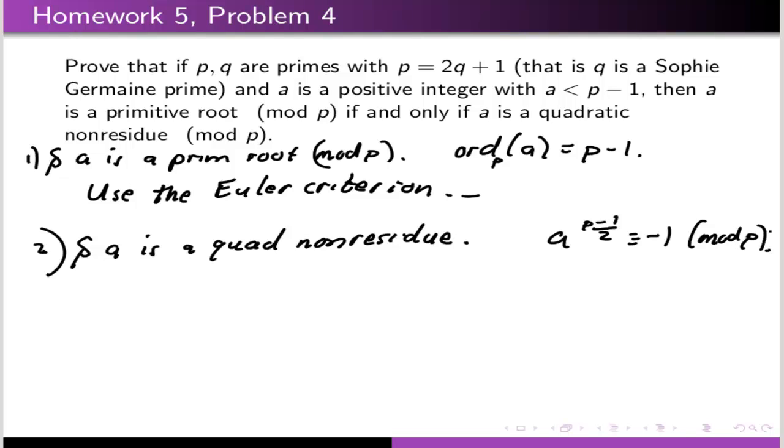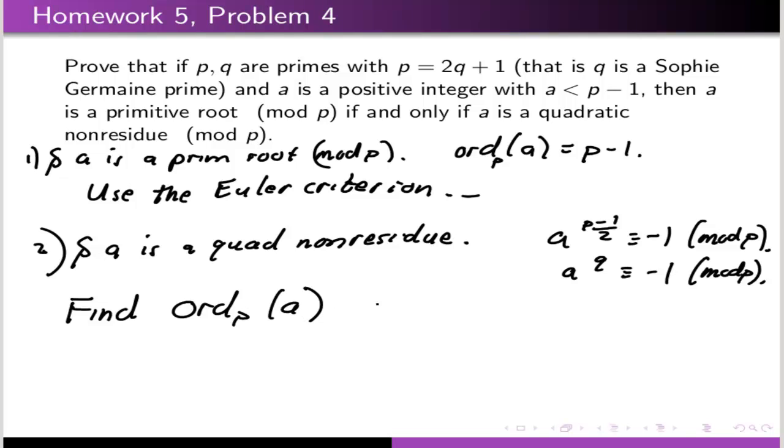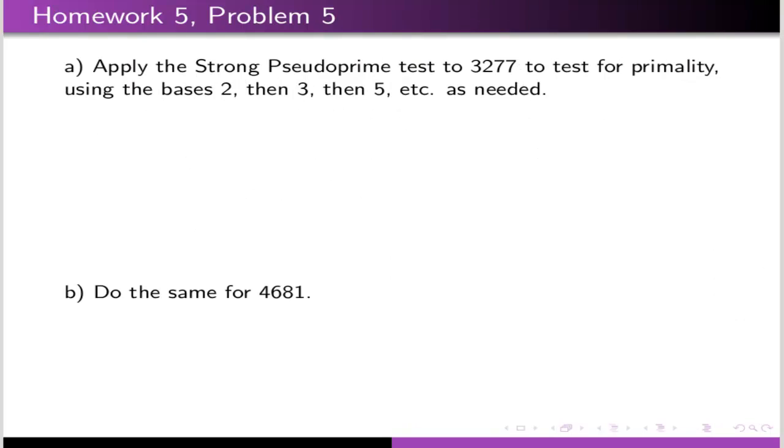But what is p minus 1 over 2? That's q. So now just ask yourself, what is the order of a mod p? Find the order mod p of a. It's got to be a divisor of the group order, and we've got this to work with, and we know that q is a prime. So calculate the order.